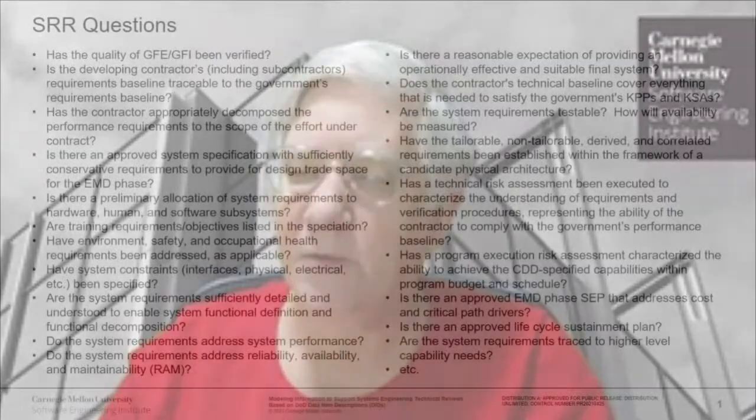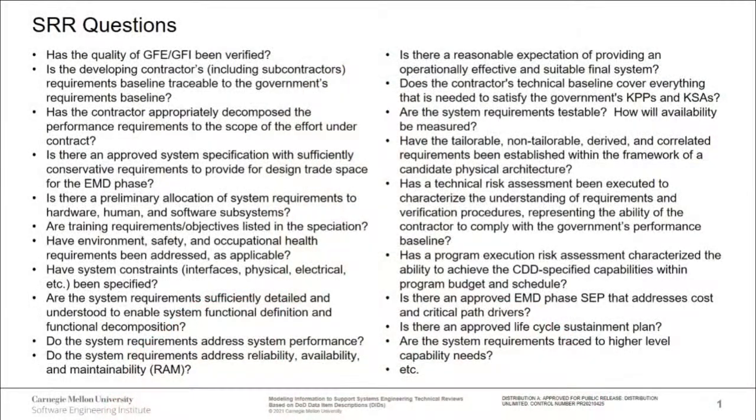We looked at the types of questions those sources said would need to be answered and developed what information would be needed to answer those questions. If you look at the slide, you can see a sample of the SRR questions, and I think there were over 100 questions just for the system requirements review alone. So we did a very extensive job of developing those lists of questions.